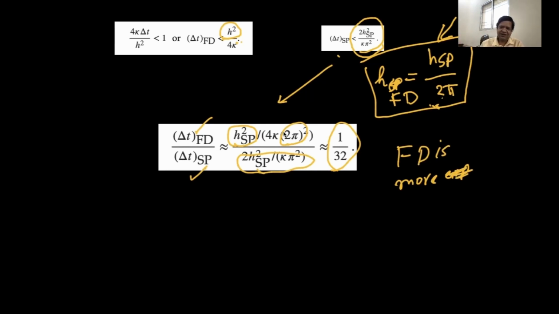How much time is required for finite difference will depend on the order of the scheme, and of course, Fourier transform also takes time. So that part you can see. More stringent delta t and h compared to spectral.